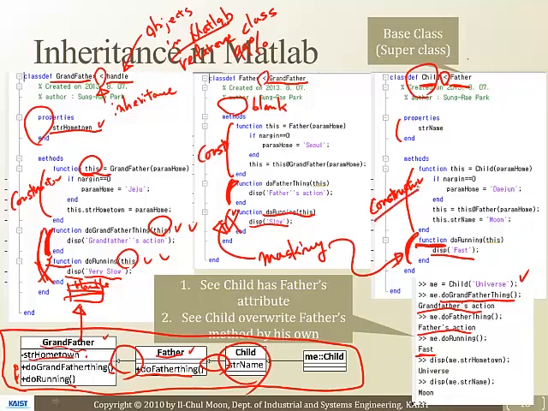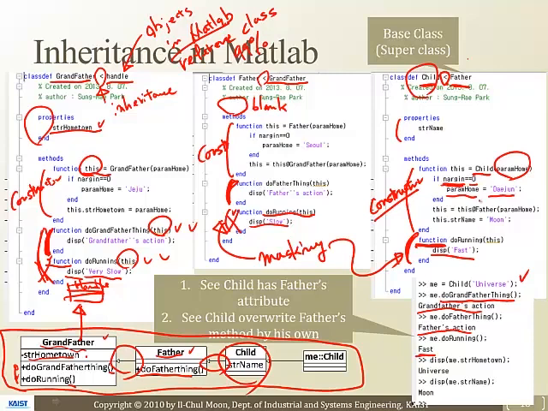So this child constructor takes a single parameter called paramHome, right? If the number of arguments in is just 0, then paramHome is equal to Daejeon. And this nargin we are going to study later.